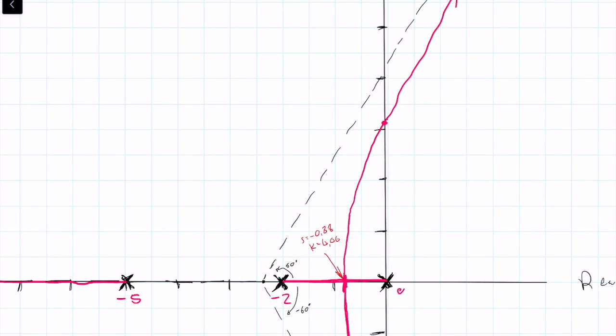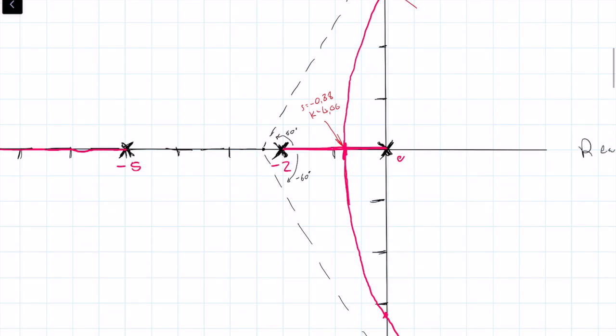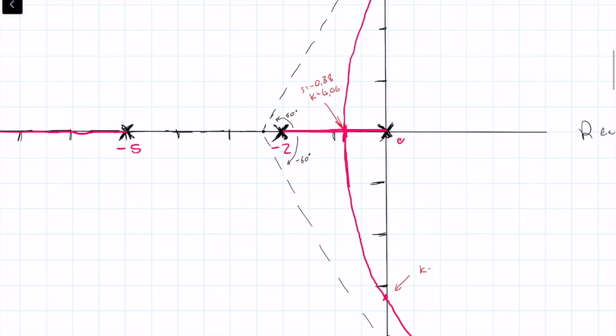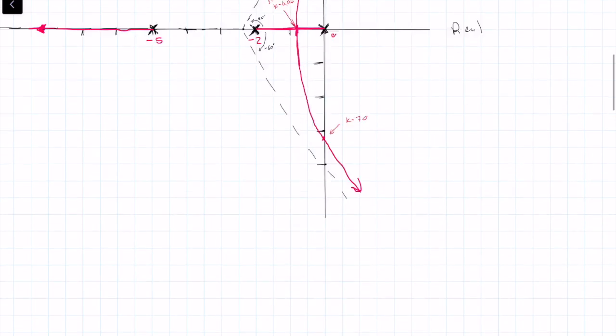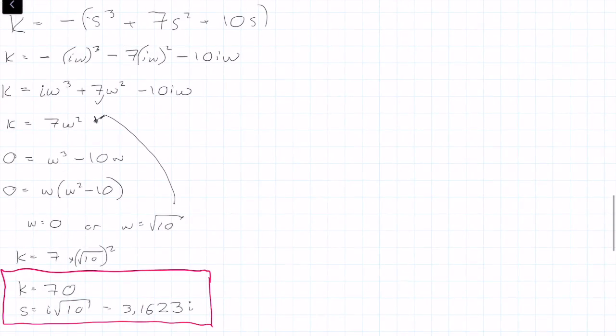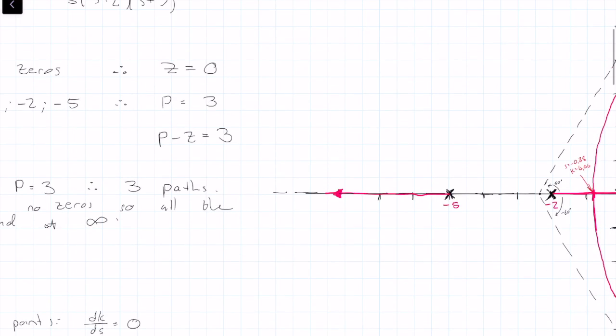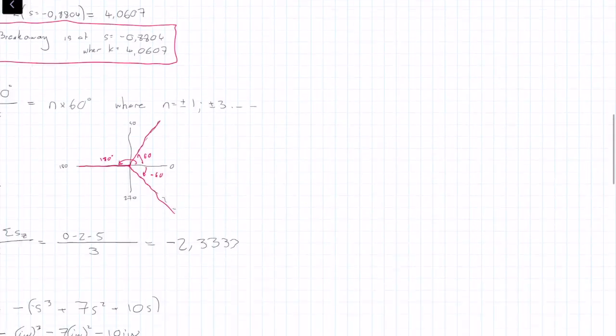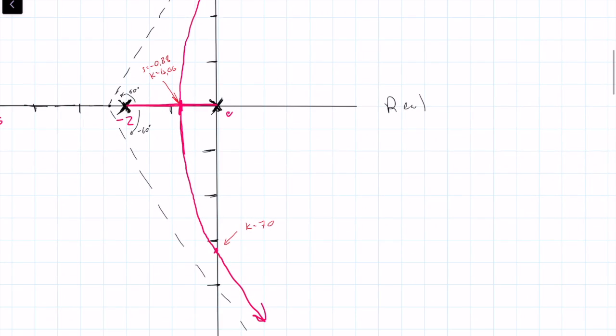At this point right here and this point right here, we know that K was equal to 70, and s was equal to 3.16. So here s equals 3.16i. I hope I had that i in, because it needs to be i. I did have that i in. And over here s is equal to minus 3.16i.